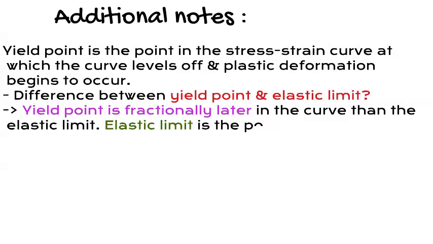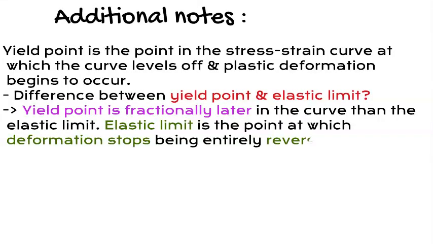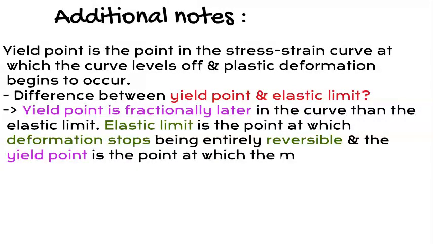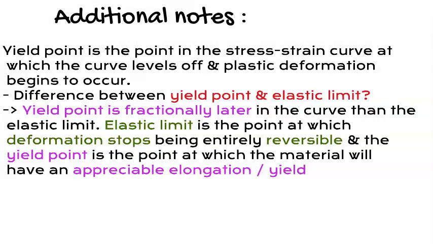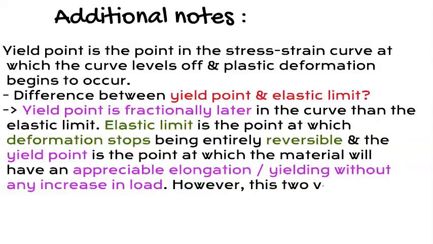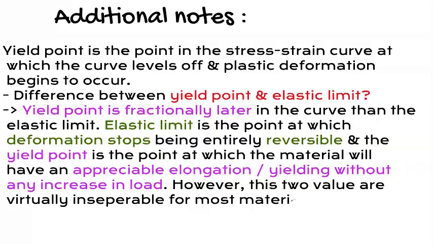Elastic limit is the point at which deformation stops being entirely reversible, and the yield point is the point at which the material will have an appreciable elongation or yielding without any increase in load. However, these two values are virtually inseparable in most materials.